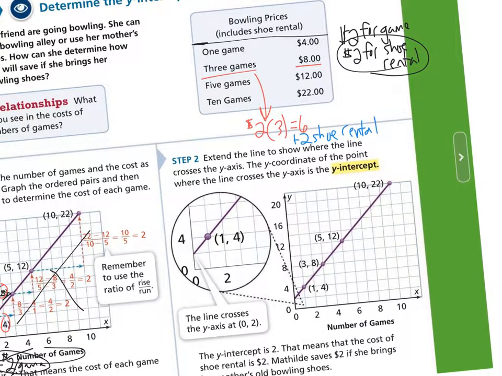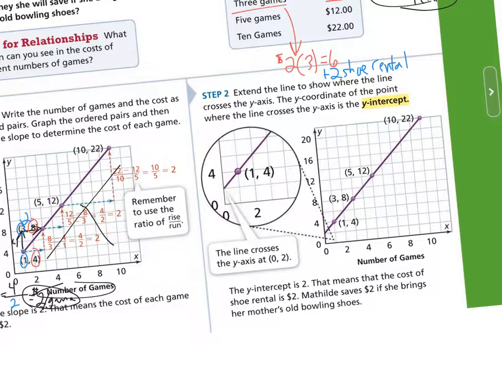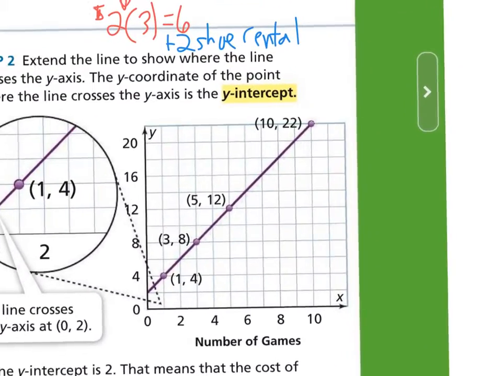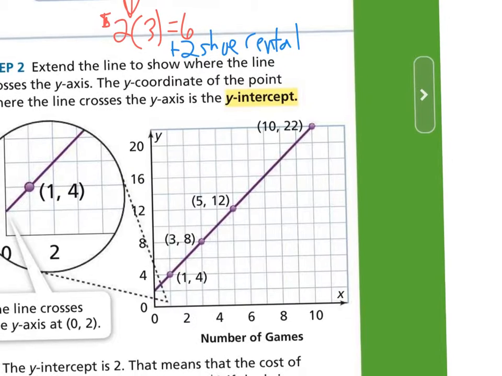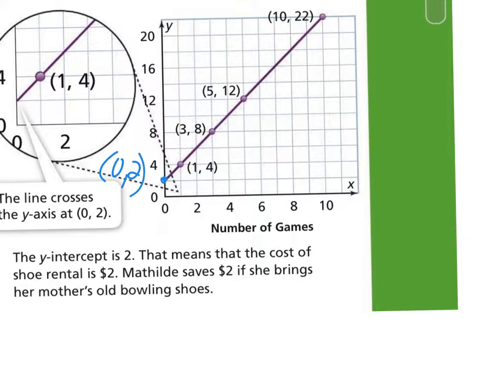Another way we could do this, besides working it out there, would be to extend our graph. If we graph it through those points, and if we can draw a perfect line, and if the point comes out exactly perfectly, we could maybe tell that that's hitting at the point (0, 2). So (0, 2) seems like a point that doesn't really make sense, because 0 is our x, so that's telling me 0 games. 2 is my y, which is my cost.